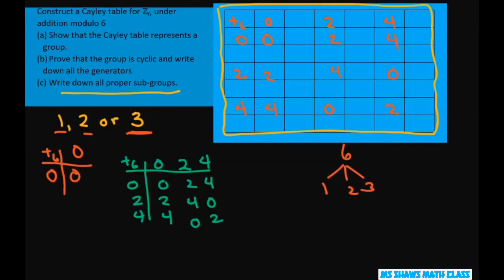It has the identity element in it. Each element has its own inverse, and so forth. So that's a group.